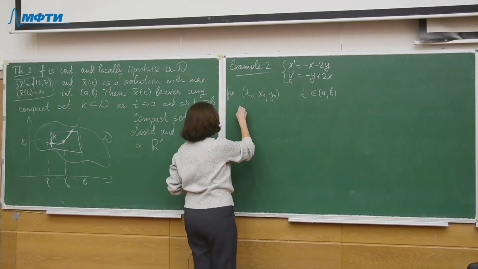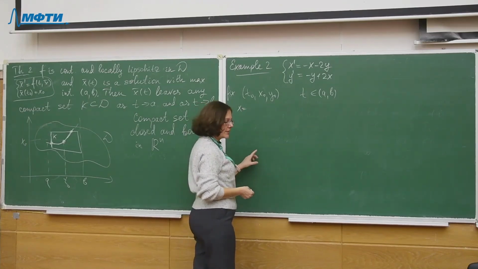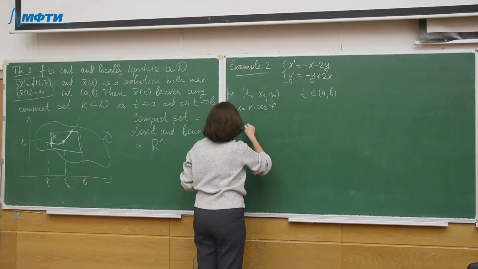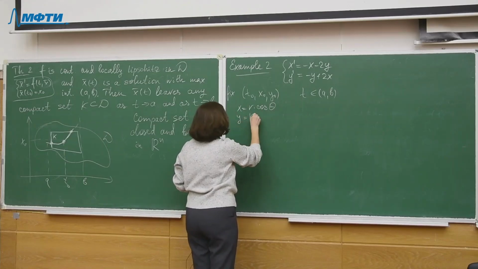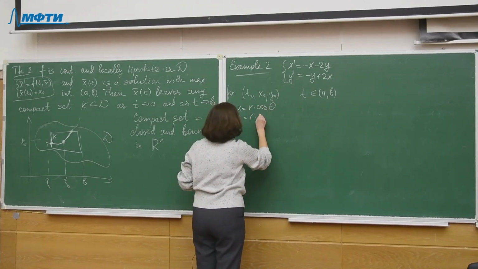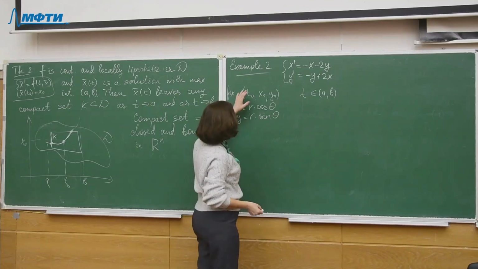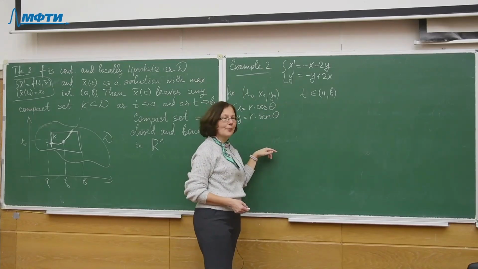So I will introduce two polar coordinates, the radius and the angle. x equals r times cos theta, and y is r times sine theta. And let's try to rewrite these equations in the polar form.